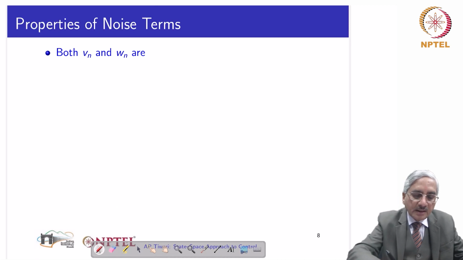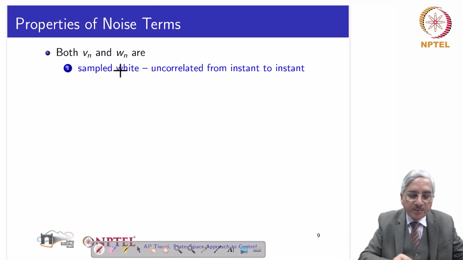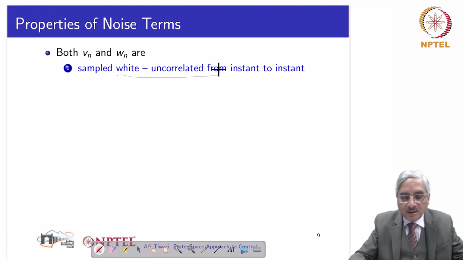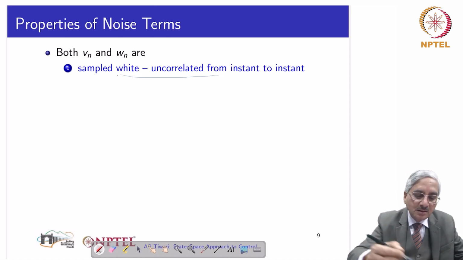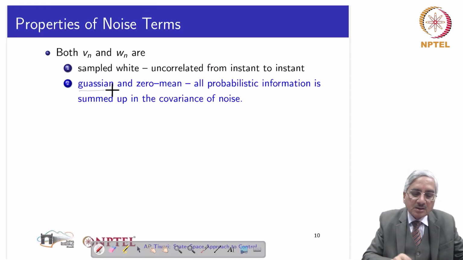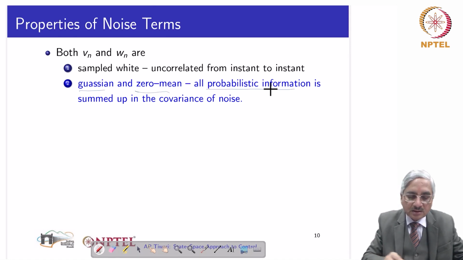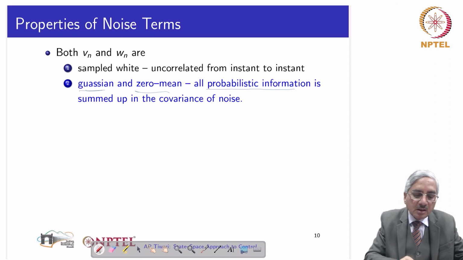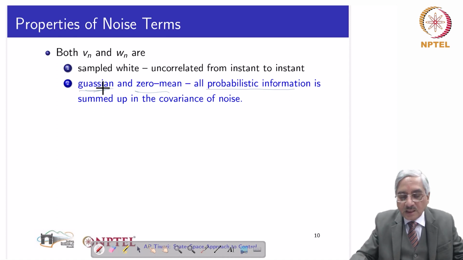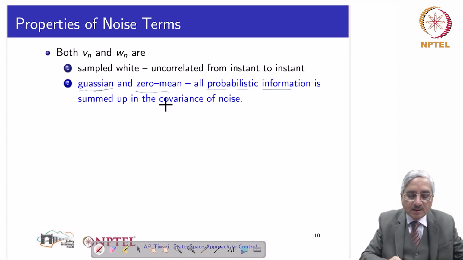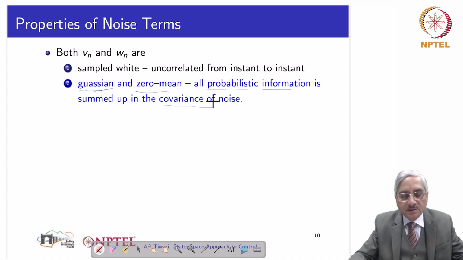So Vn and Wn are samples of white noise. They are uncorrelated from instant to instant, and they are Gaussian, zero mean. Again, this was stated earlier, by being Gaussian, they are characterized by covariance of noise.